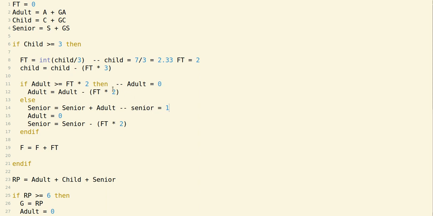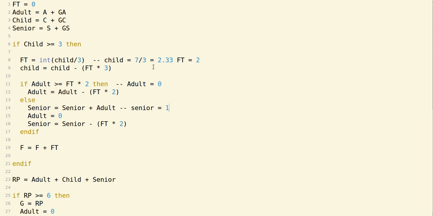So we need to offer that 1 child and 1 senior as single tickets, and the remaining of the tickets are being combined to form family tickets. I hope that made some sense.